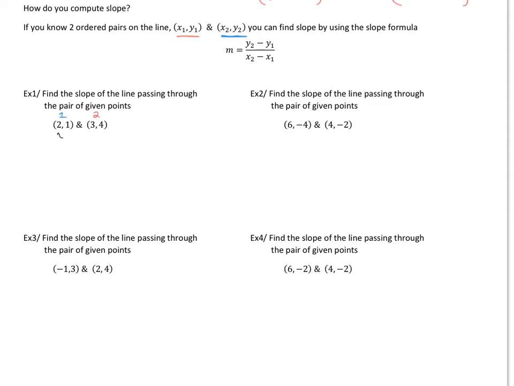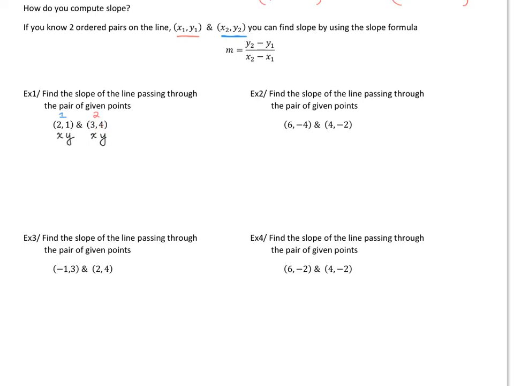You can see that I have an x value and a y value for each point. So this 2 is x1, and this 1 is y1. That's the first point. This 3 will be x2, and this 4 will be y2.